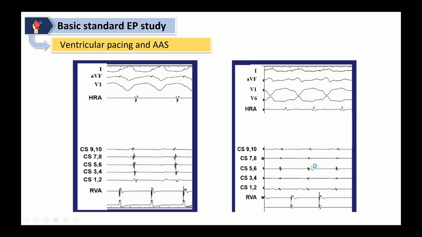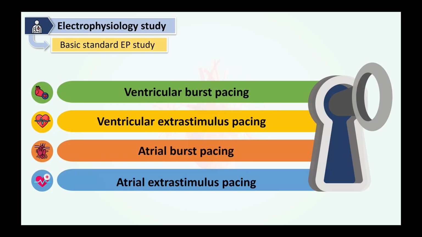On the right panel, it is extranodal conduction. How do we know this? No evidence of decrementation. It's a fixed VA. However, the earliest atrial activation is at CS 1-2.